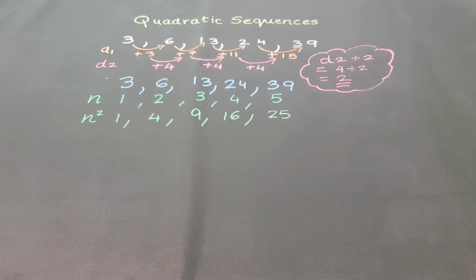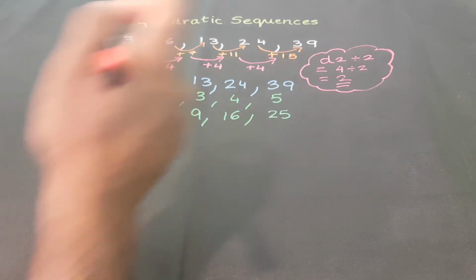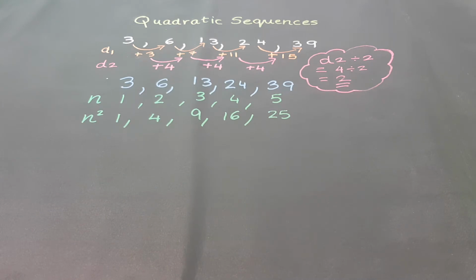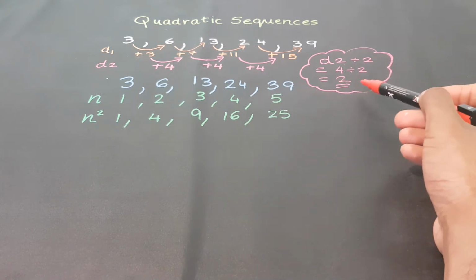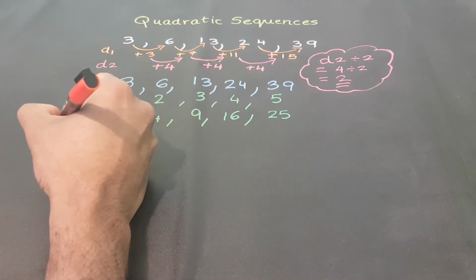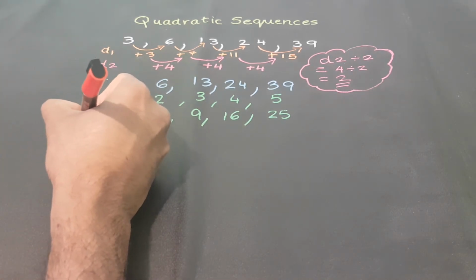Now once I've done that, I am now going to go to my bubble. And the number which I've underlined over here is 2. So I need to multiply my n squared by 2. So that'll give me 2n squared.